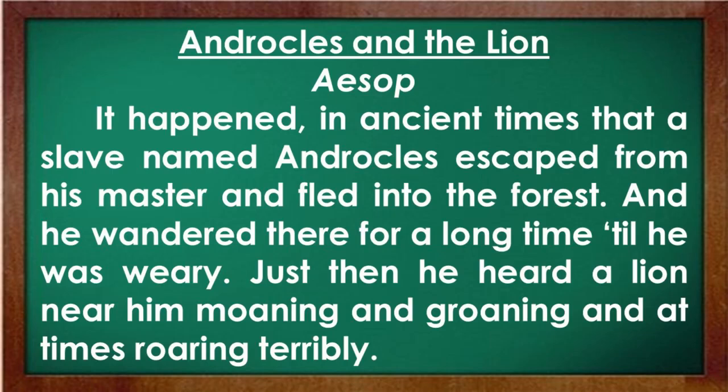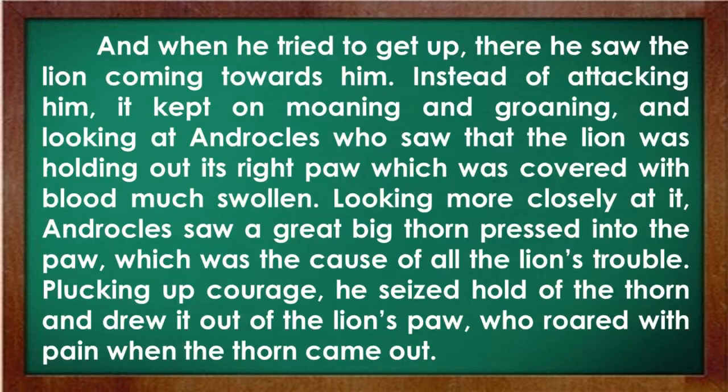Androcles and the Lion. It happened in ancient times that a slave named Androcles escaped from his master and fled into the forest. And he wandered there for a long time till he was weary. Just then he heard a lion near him, moaning and groaning, and at times roaring terribly.